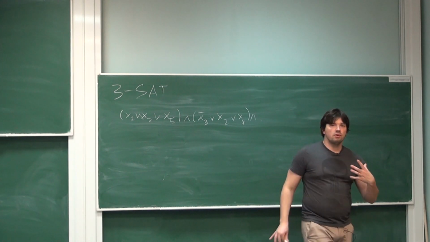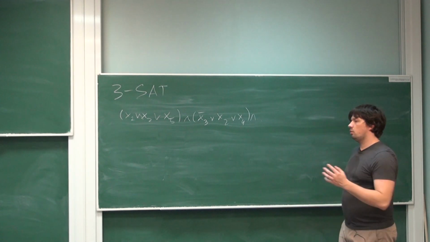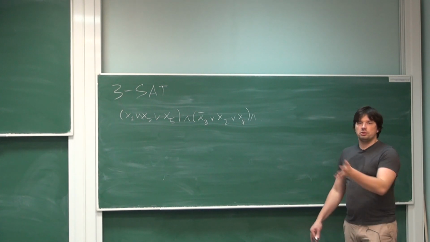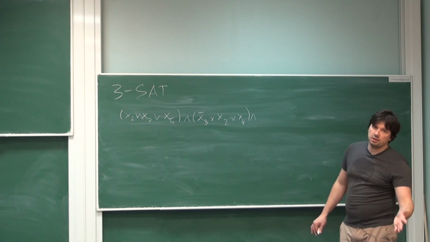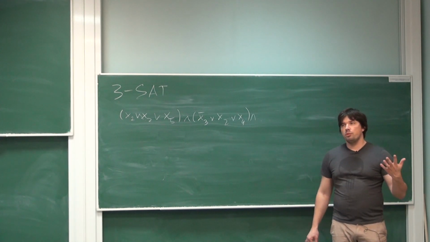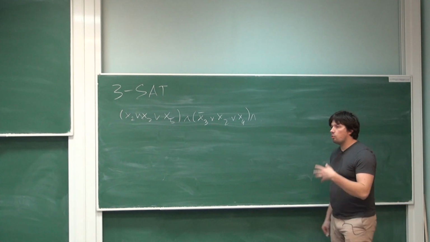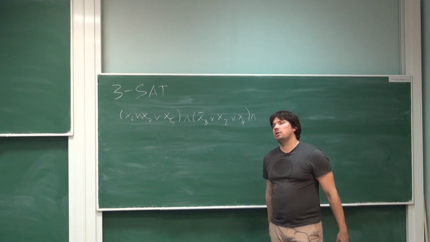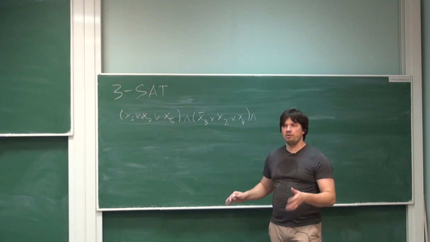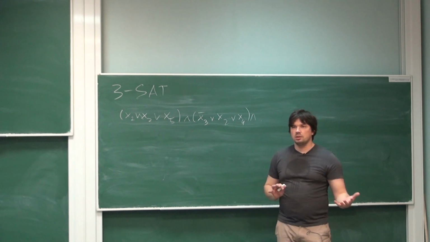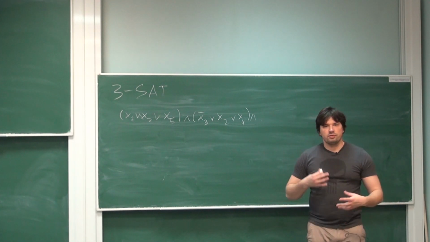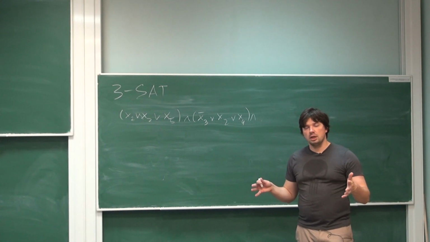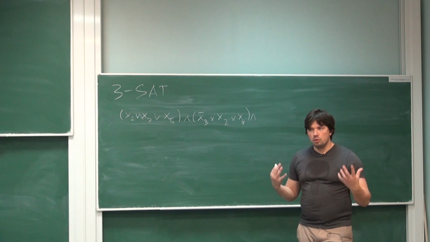The same thing we did for three-coloring, where we said, hey, we know how to do a 3 to the n algorithm, and then we did a 2 to the n algorithm, then 1.7 to the n, and then 1.5 to the n. While those things are not life-changing, it's not going from 2 to the n to n squared, in terms of the size of the instances we can handle, it's actually really good.